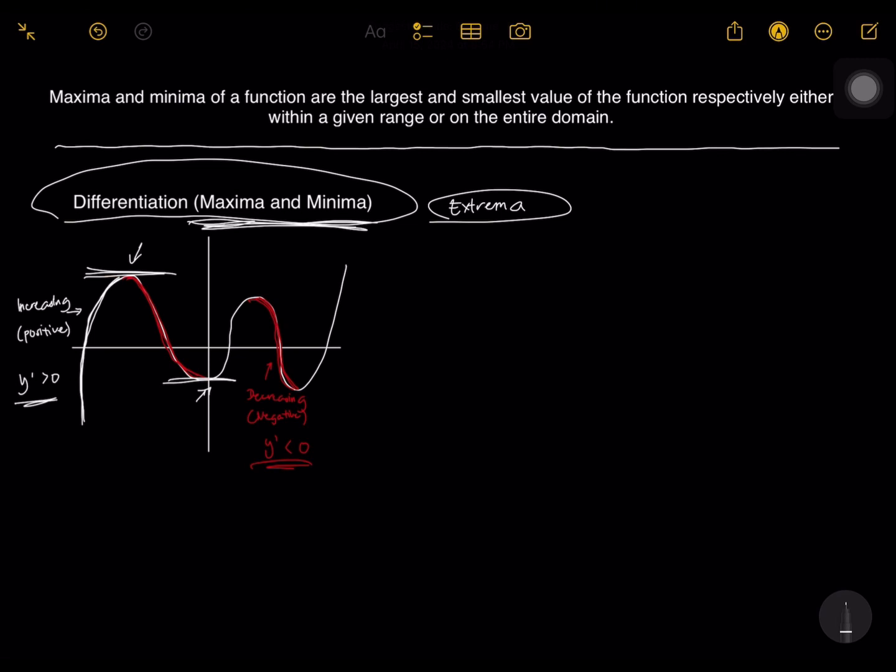Therefore, the gradient is 0, so the derivative of y equals 0. This point is given a special name, which is the stationary point.